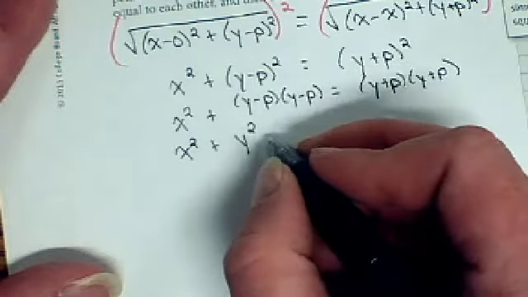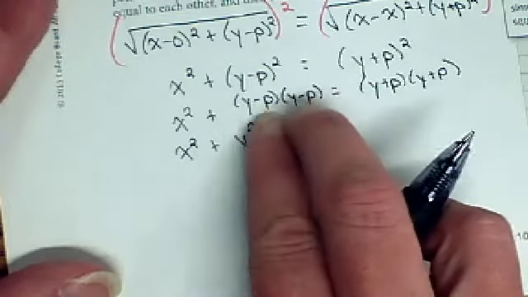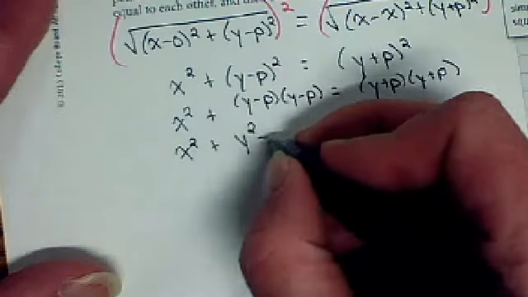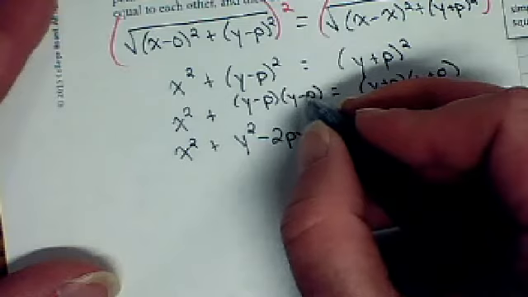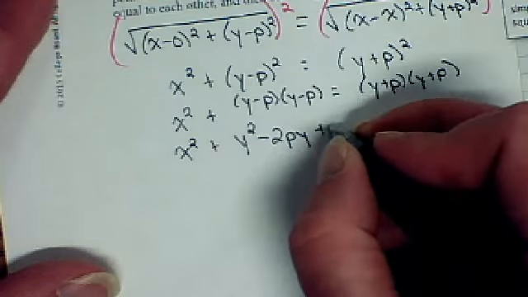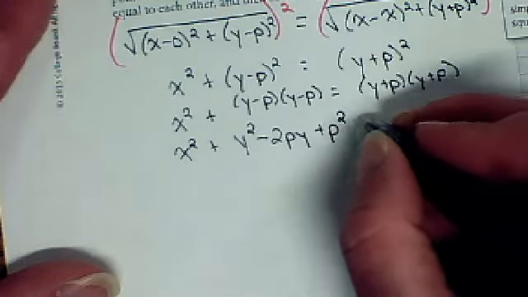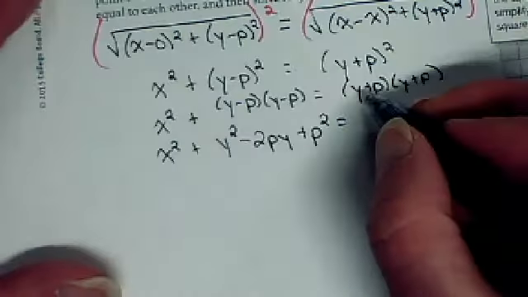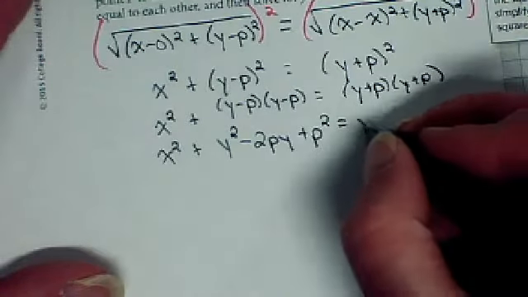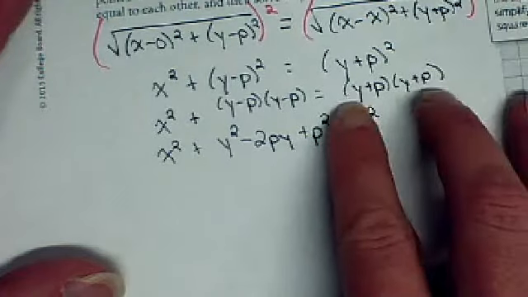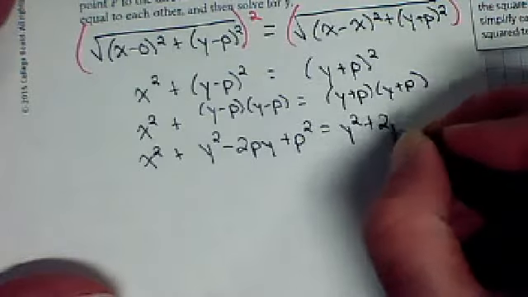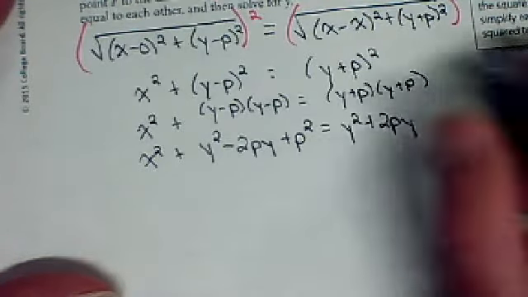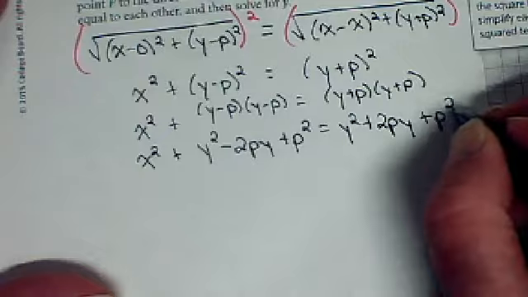Then I'd have a negative py and another negative py. That'd be negative 2py. And then lastly, it's a negative p times a negative p, which would be positive p squared. On this side, y times y is y squared. I have py and another py, so that would be 2py, and then p times p would be p squared.